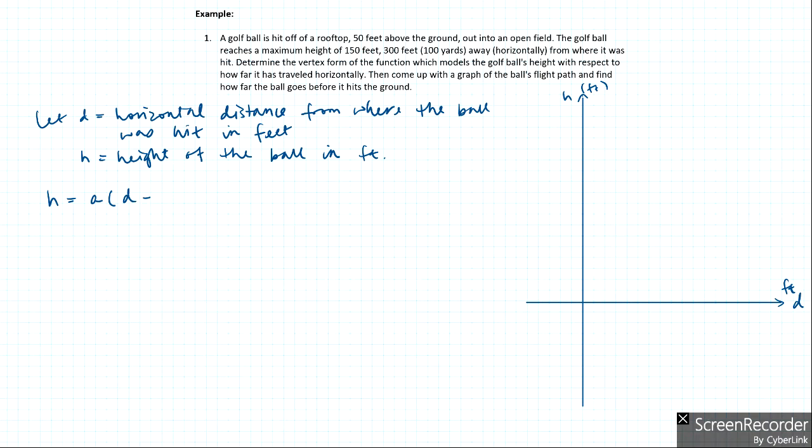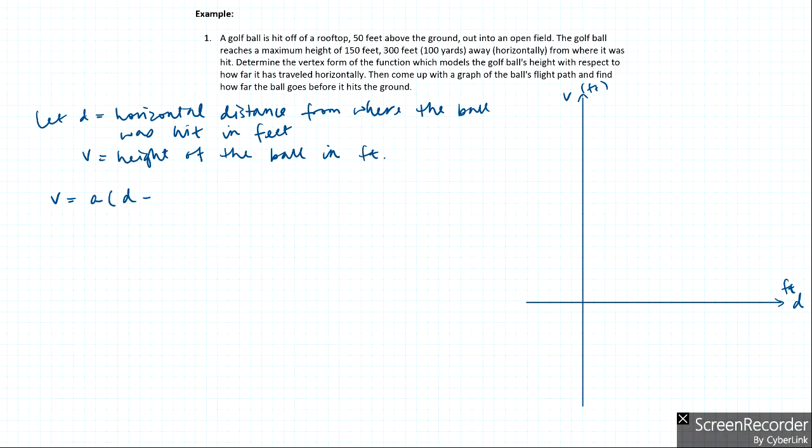I just noticed the vertex usually uses h, k, so I could go ahead and change the vertical distance to be v over here. That way we have some differentiation between what we're trying to represent.